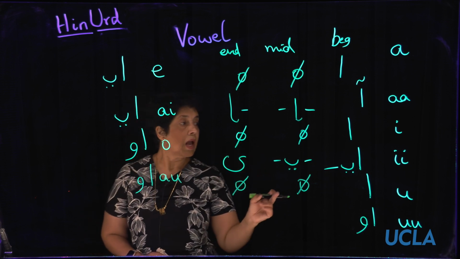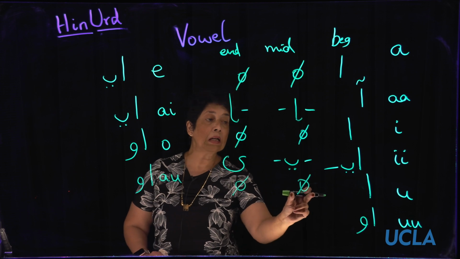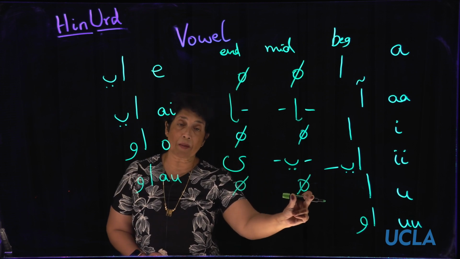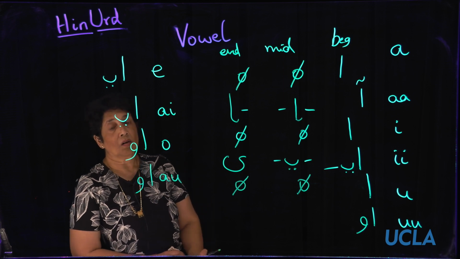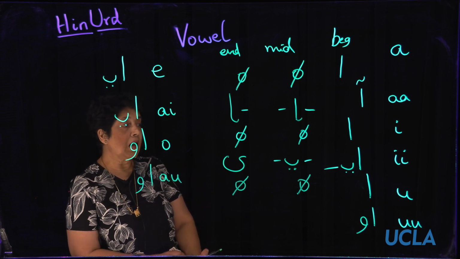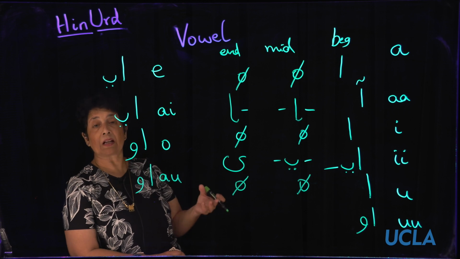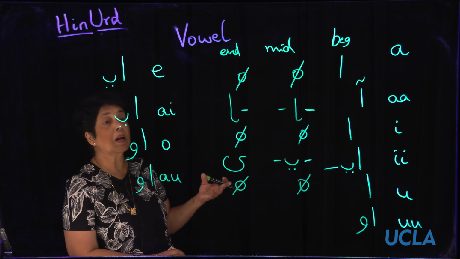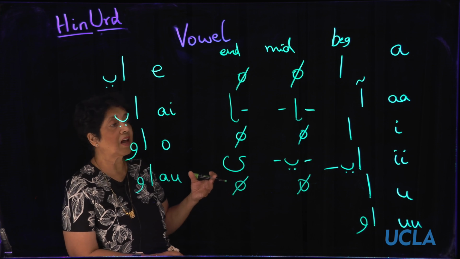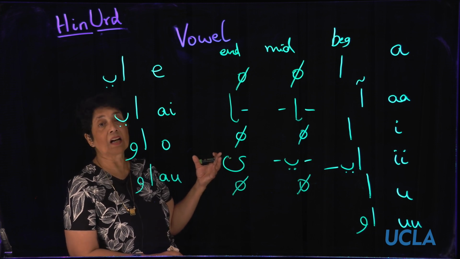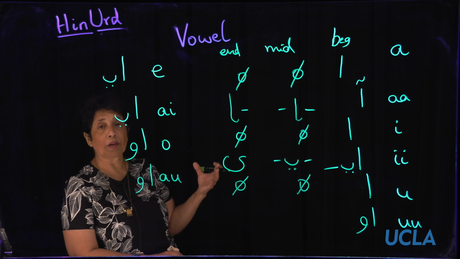Again, in the middle, although it doesn't have a representation, does it exist? Yes, it does. It exists phonemically, meaning that it can bring about a difference in meaning between, let's say, in English, for example, putt and put, right?